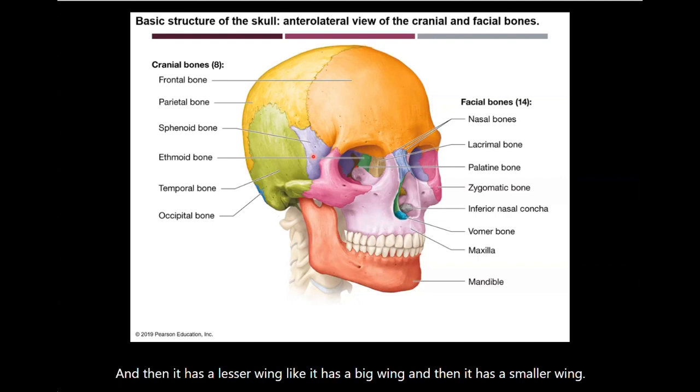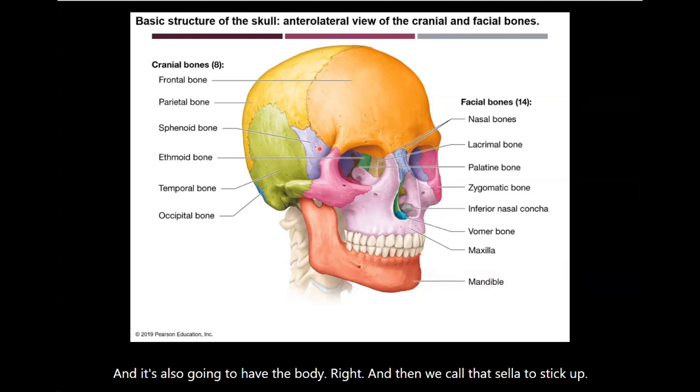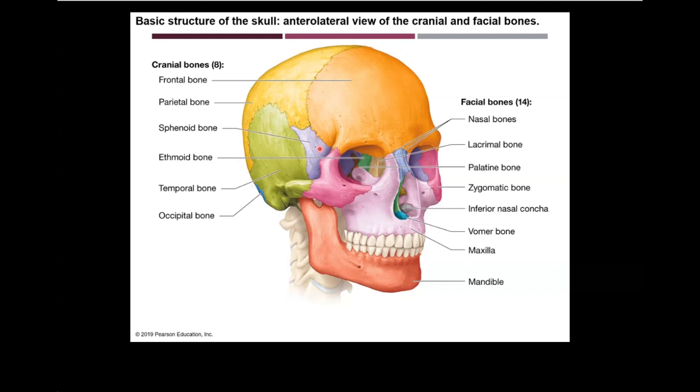It has a big wing and a smaller wing, and that's what we call the parts of the sphenoid bone. This is something that's coming up. Don't worry yet, but it looks like a bat with a greater wing and a lesser wing, and it's also going to have the body, right? And then we call that sella turcica, okay? That's just something coming up, but that's going to be which bone?